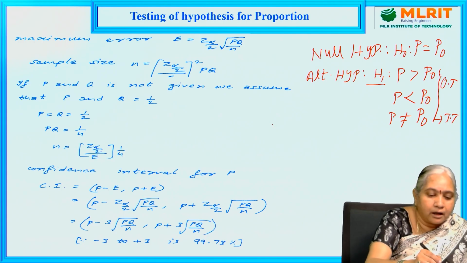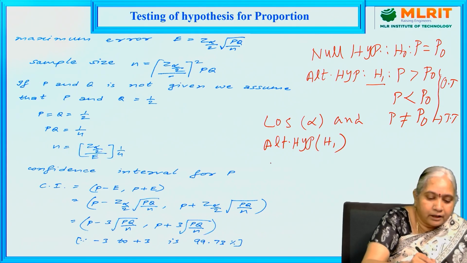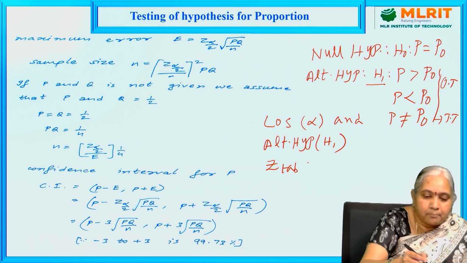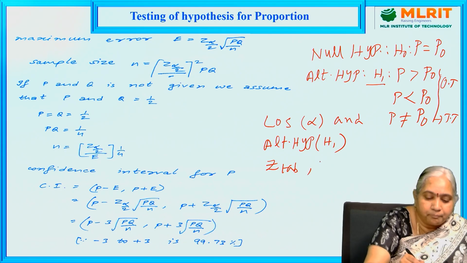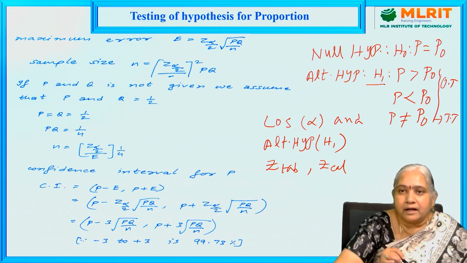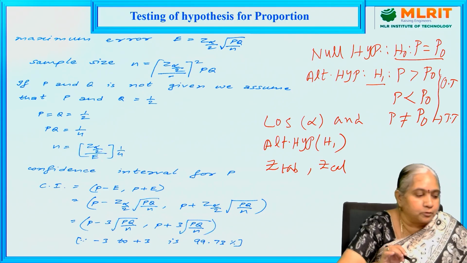Depending on the level of significance alpha and the alternative hypothesis H1, we take the tabular value and compare the calculated value with the tabular value to decide whether to accept or reject the null hypothesis about the population proportion.